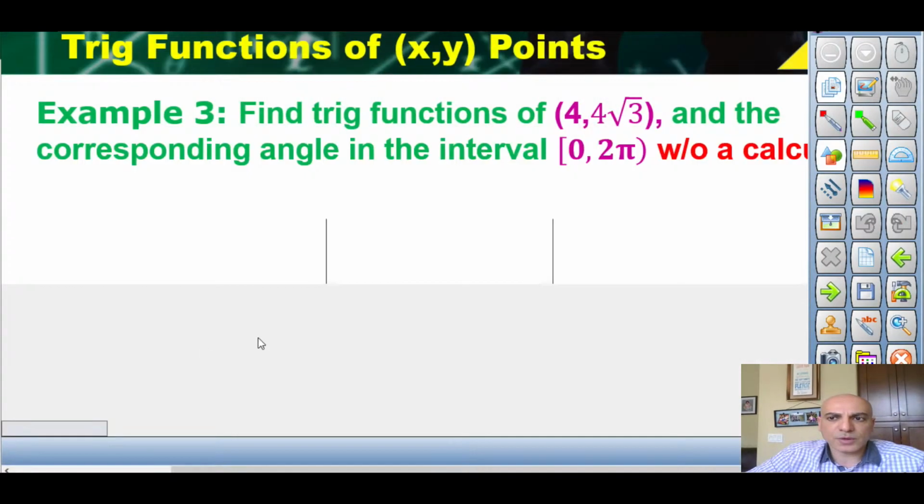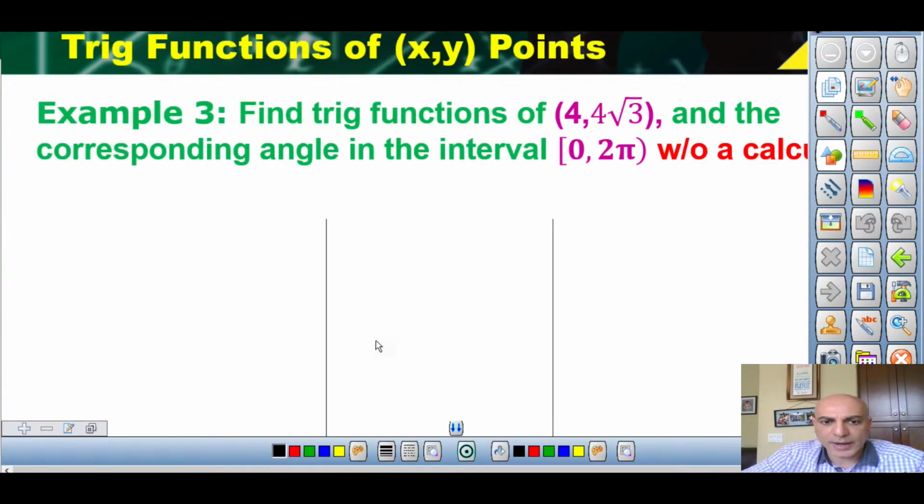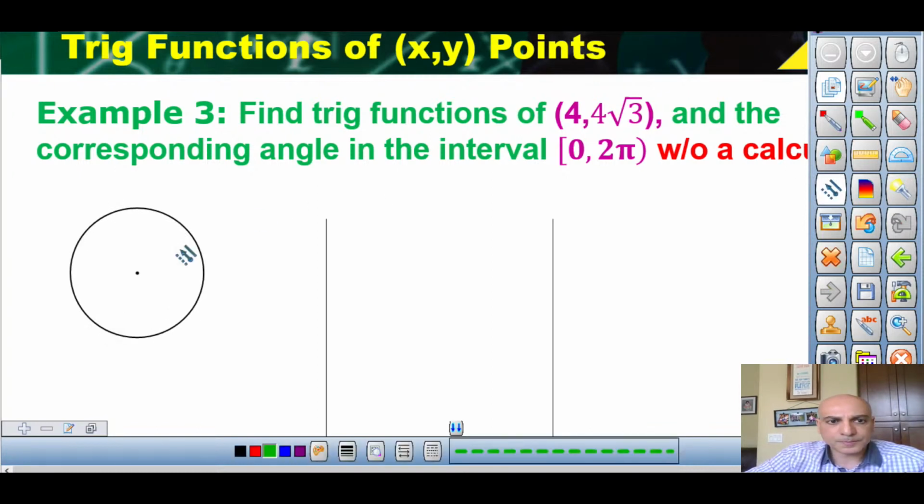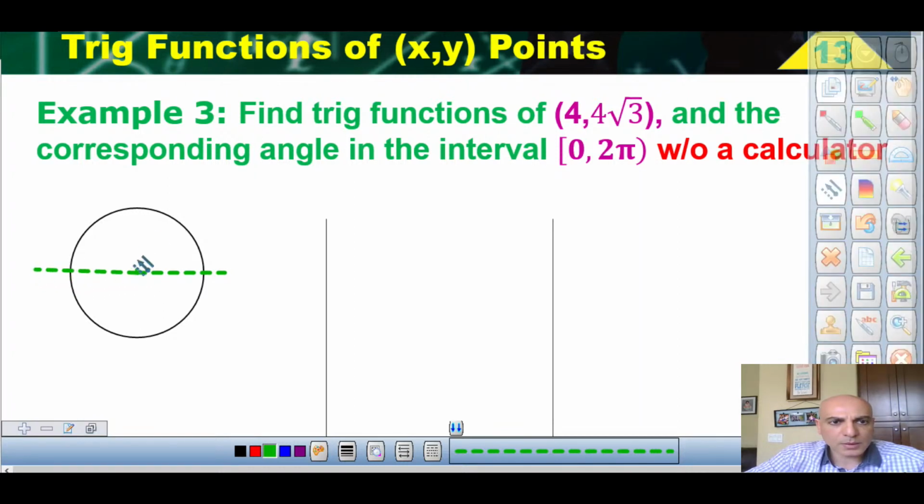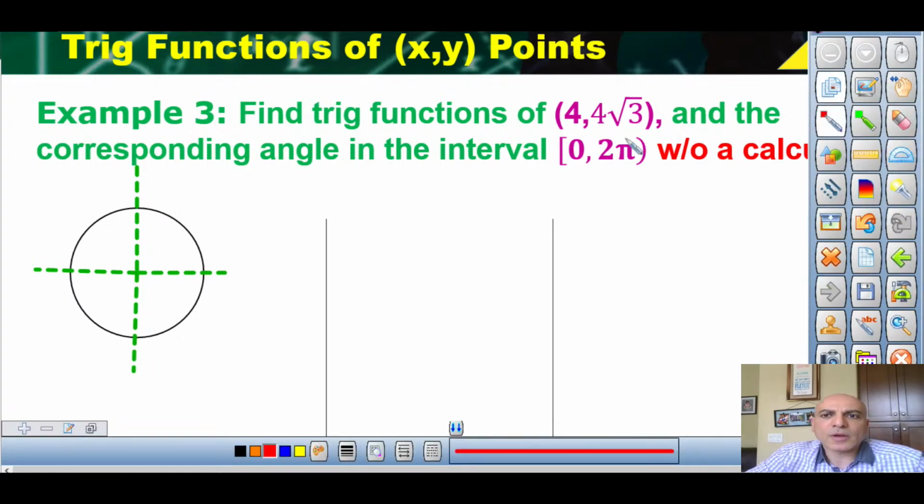You just have to think of where you are at in the unit circle. So here am I, and I'm gonna quickly put myself a couple of lines here. That's my unit circle, my beautiful. And then I have a point that says 4, 4 square root of 3.